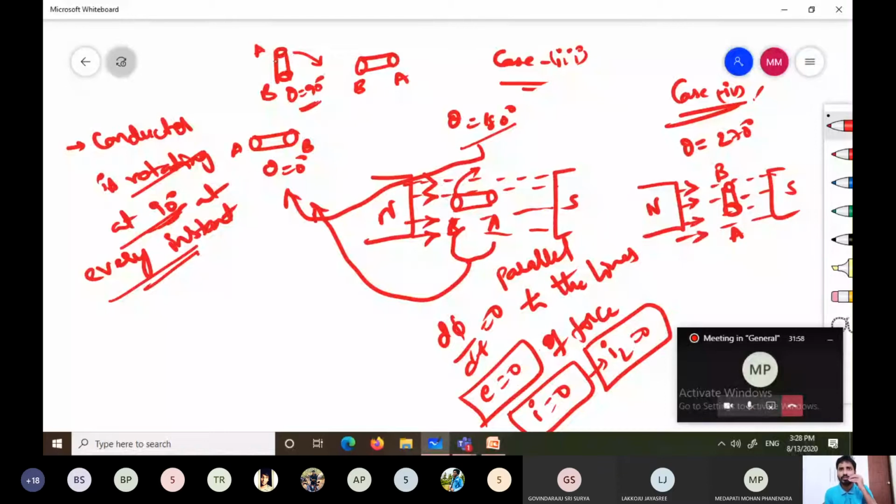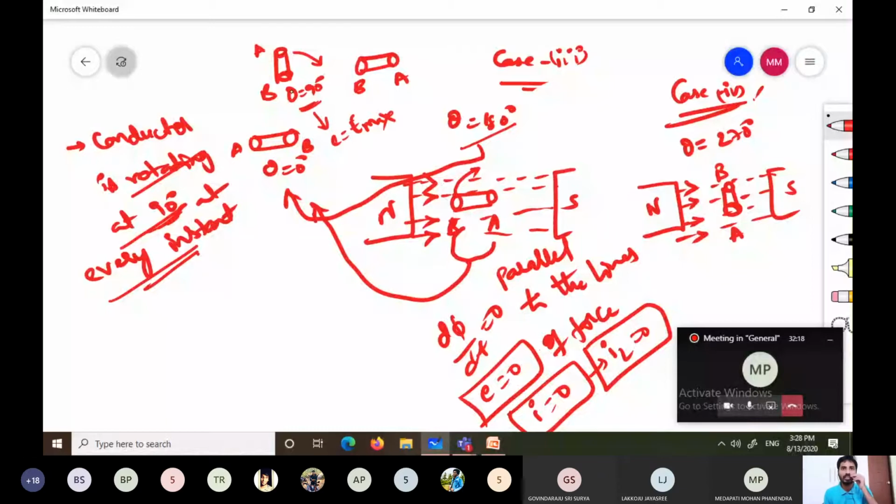Now, I already told you that in case 2, θ equals 90 means the conductor is placed perpendicular to the lines of force. So what is the EMF induced in this particular case? Maximum EMF. Why is it called maximum EMF? Because the maximum amount of flux is linking with the conductor.